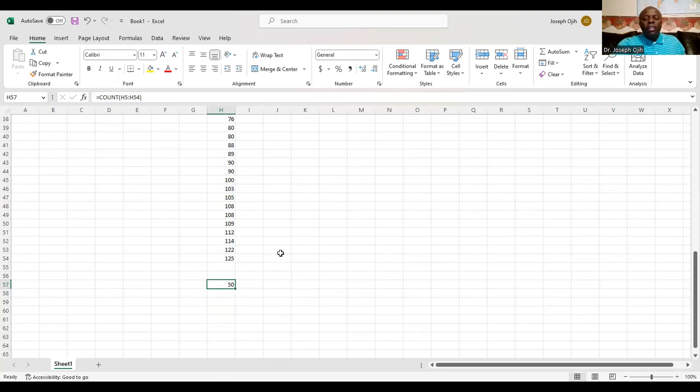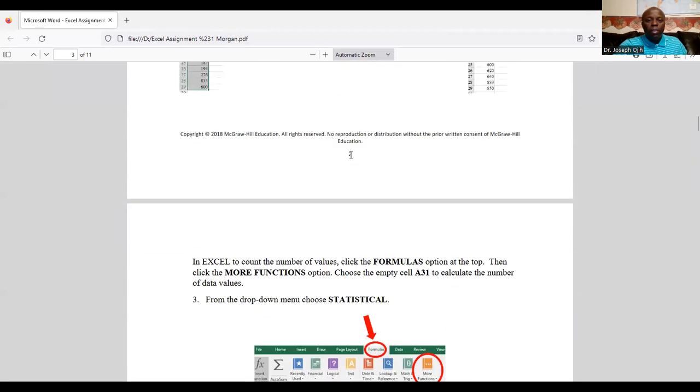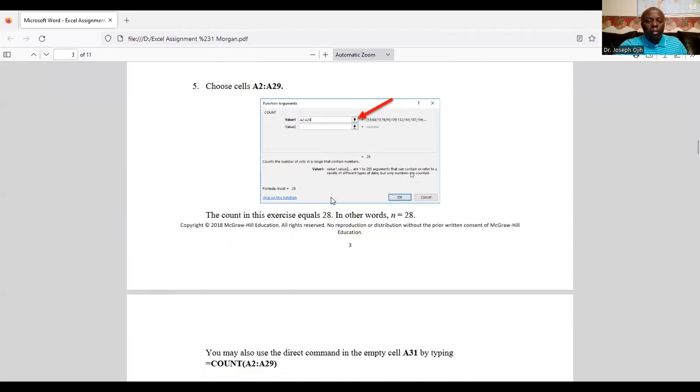Because it is written on paper, the explanation becomes too much. See, all this that it was saying here, for the whole of this place, from here all the way to here, all you have to do is put the equal sign, type count, double click, highlight from here all the way to the last one, press the enter key, and that will give you the count.